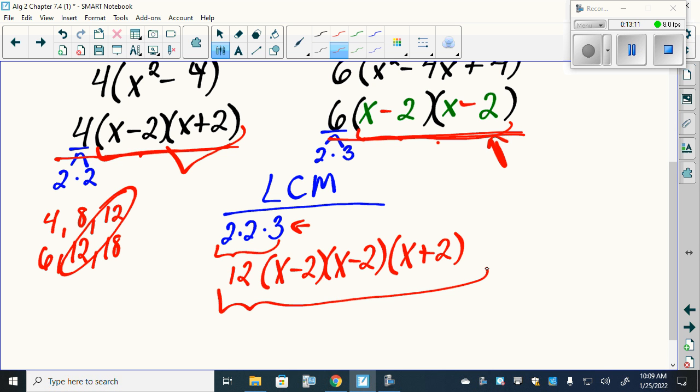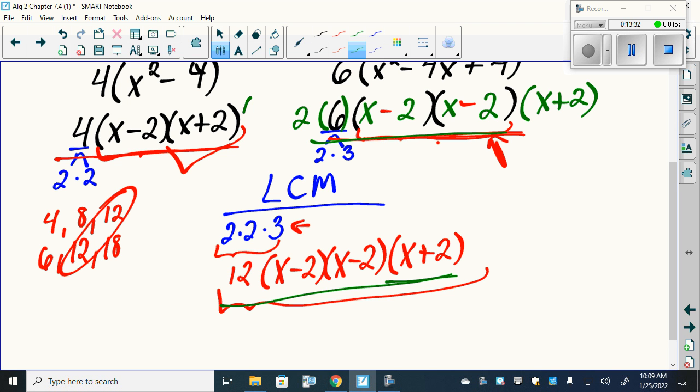And then, well, what do I need to do to this to get here? Well, I do need to multiply it by 2 for the 6 to become 12. And then it's missing a what? The x plus 2. So now it would be the same.